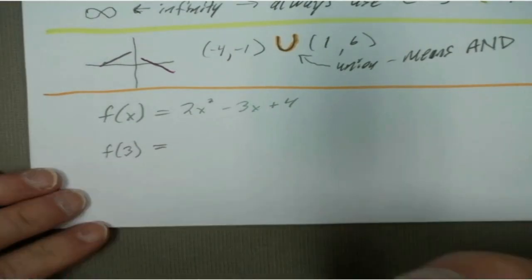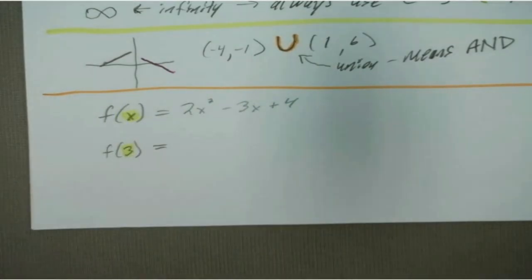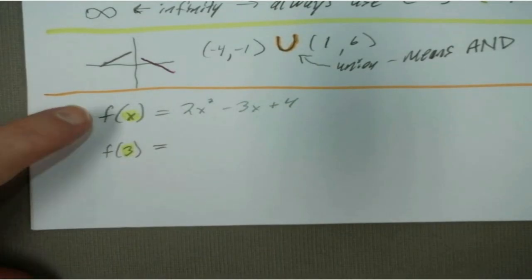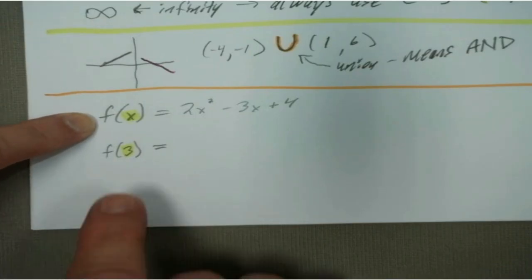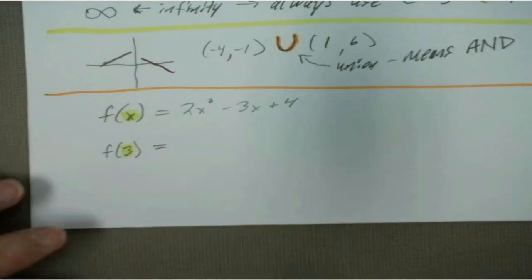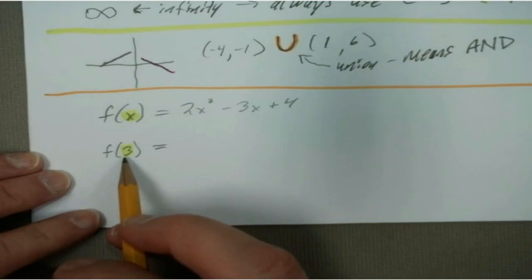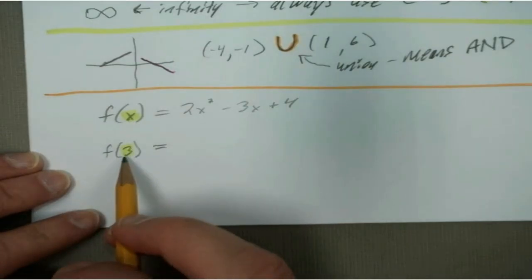Now, what we want to notice is this is where the x was in our equation, f of x. This is in function notation. This could also be y equals, but since this is in function notation, we need to use function notation up here. You can see that we removed the x and replaced it with a 3.